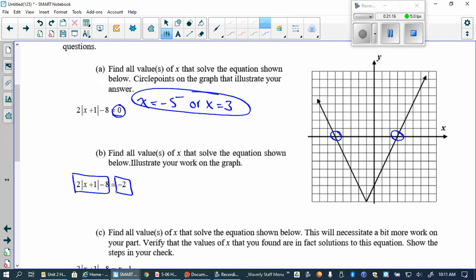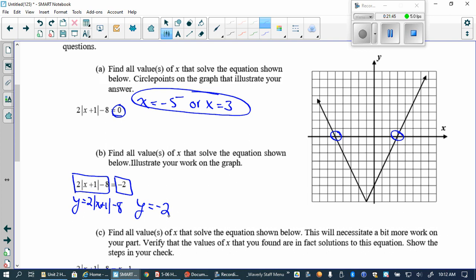So we could graph both of these sides of the equation, right? So we could graph y equals 2 absolute value of x plus 1 minus 8. And what would be our other equation to graph? Y equals negative 2. What kind of graph is y equals negative 2?